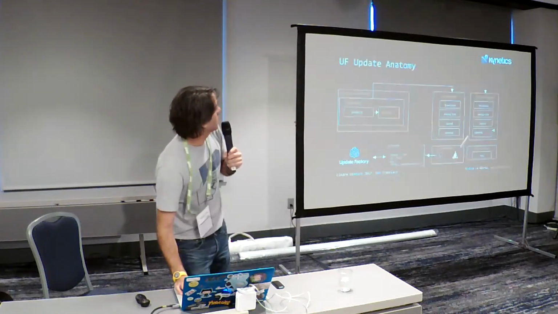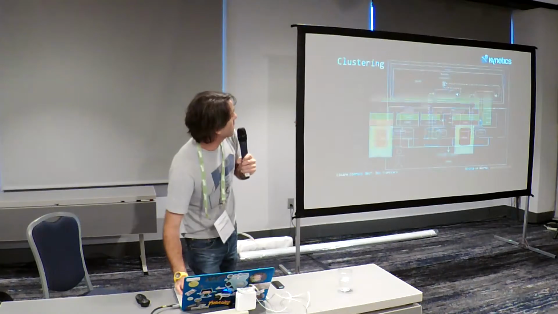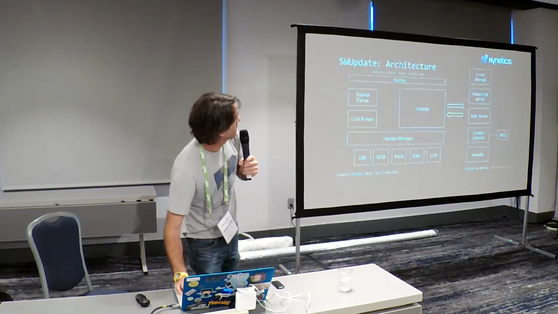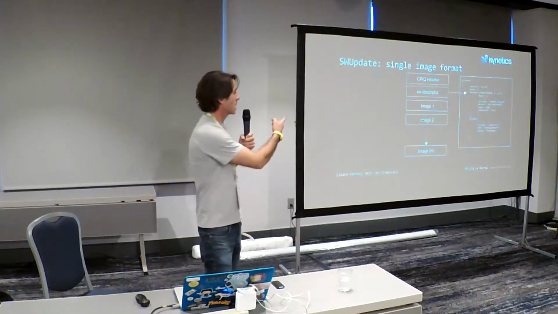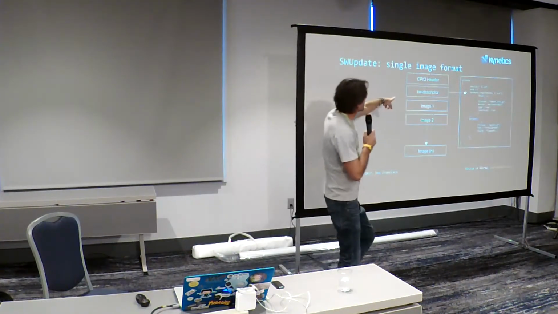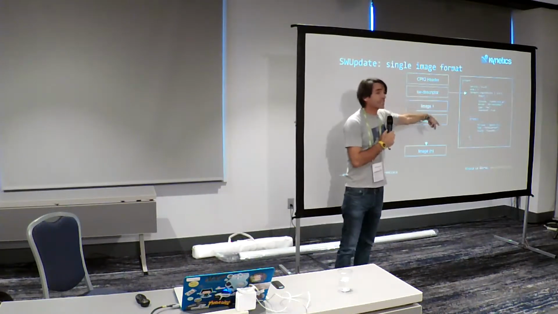Well, if they do it, they will not be able to update the device anyway, because of the software description file. So let me go back here. So we are talking about this. This is your update file. The update file has this file inside that is like a text file.